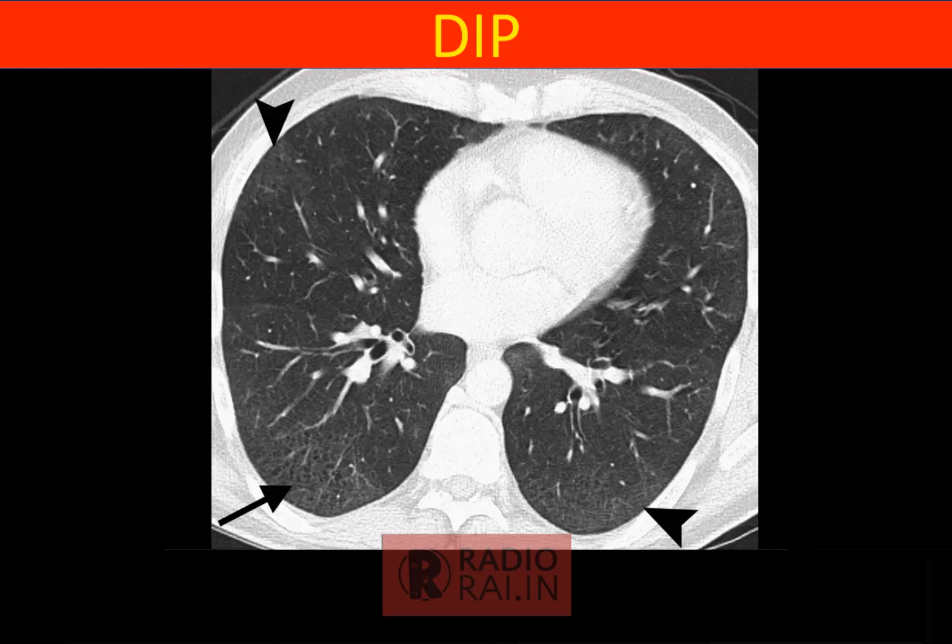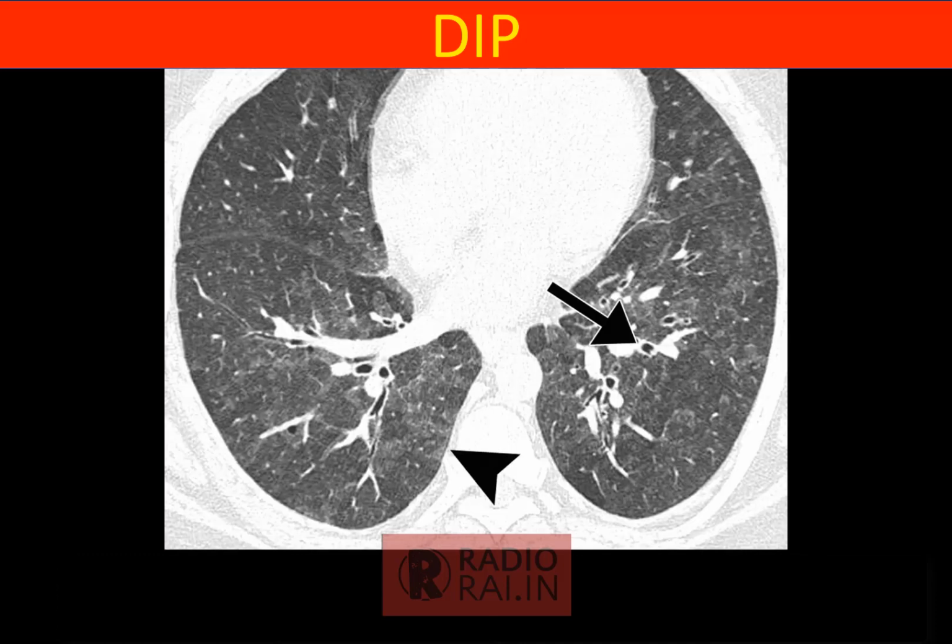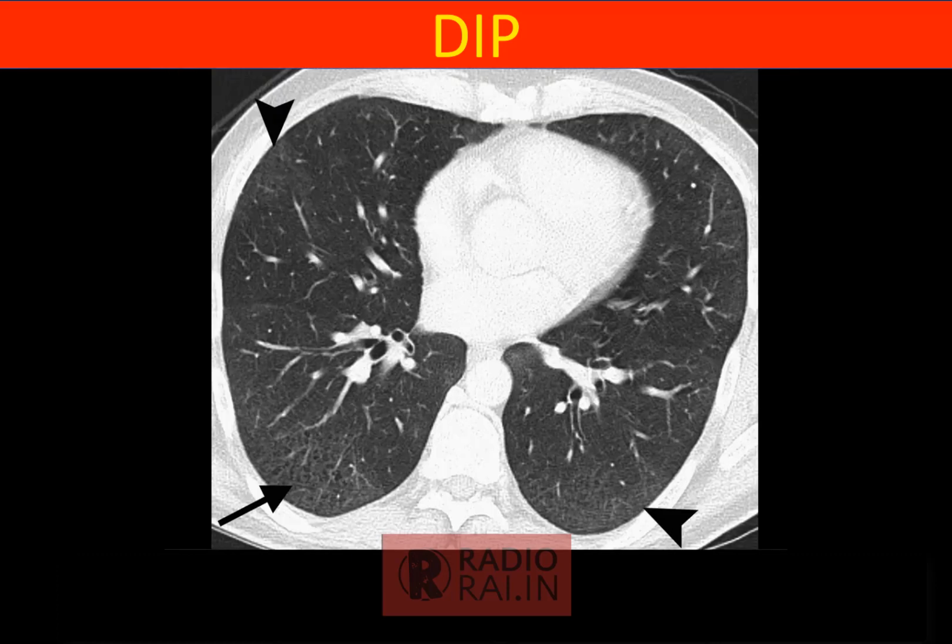But one more specific thing in NSIP is immediate subpleural sparing, one of the classical features, which will not be seen in DIP. Keep in mind, the immediate subpleural sparing will be seen in NSIP, not in DIP. In DIP what we see is peripheral ground glass opacities. We can see small cystic spaces present inside this ground glass opacity.